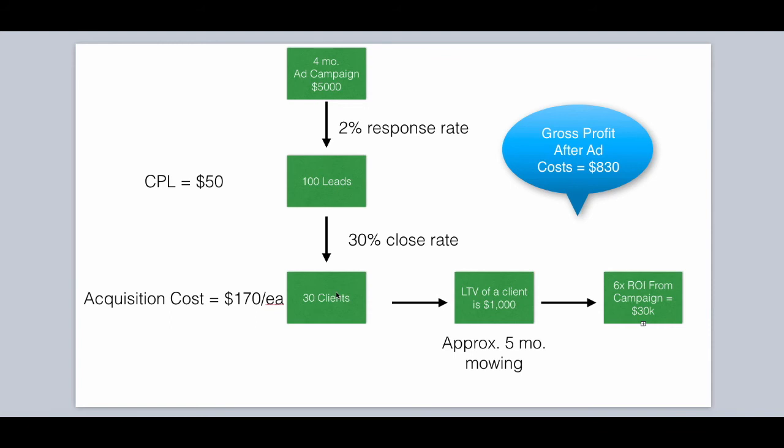However, if the average LTV, and this is why we average things out, so that way we can account for the people that move or leave or don't work with you anymore, say it's $1,000 for 5 months' worth of mowing, $200 a month, all that sort of stuff. That becomes $30,000 over the course of 5 months, which equals a 6x ROI from that initial $5,000 that you'd spent.